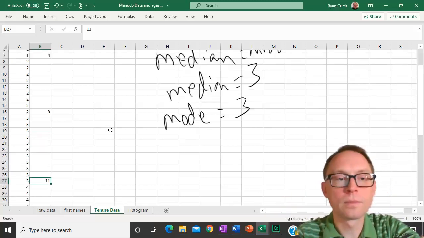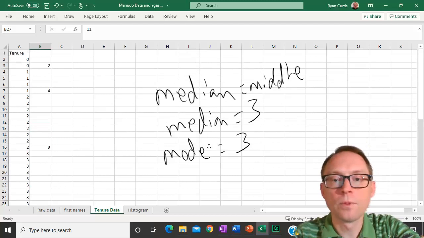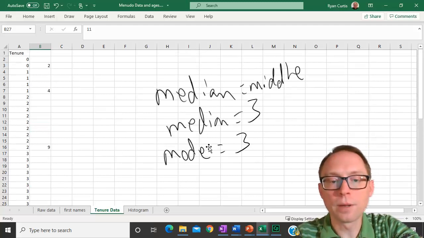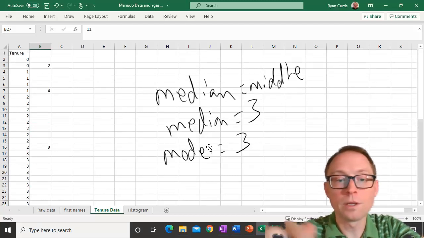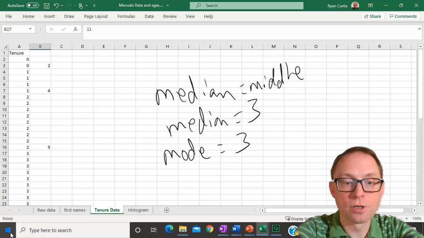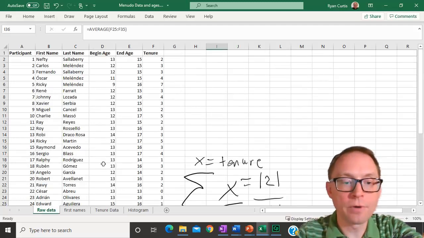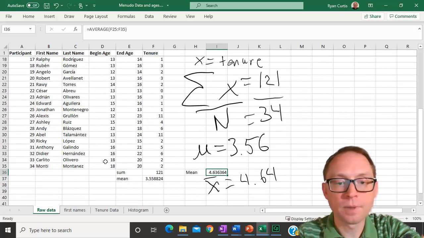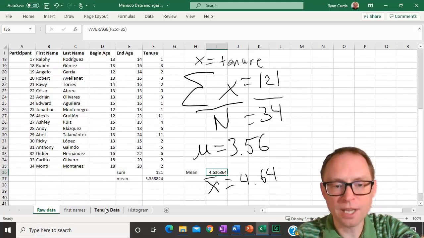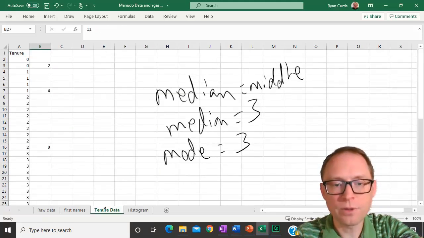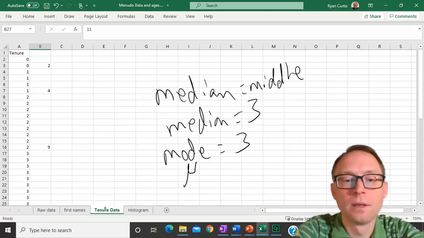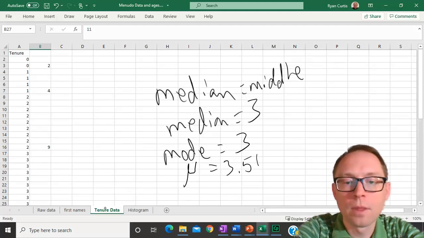The median is 3. The mode is 3. But remember what the average is. The average, if you remember over here, is a little higher than that, 3.56. So mu is 3.56.